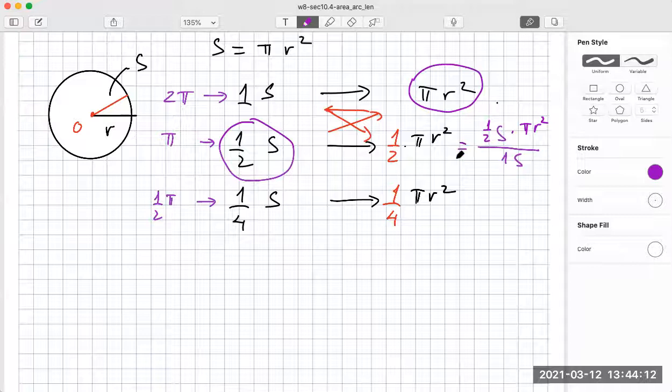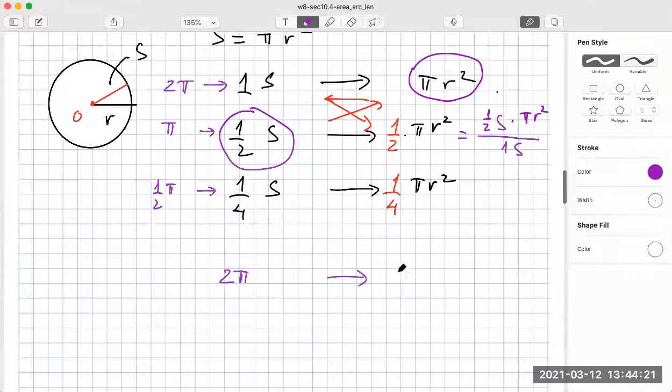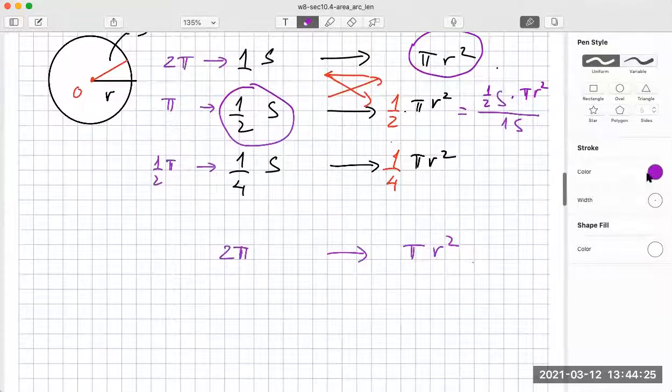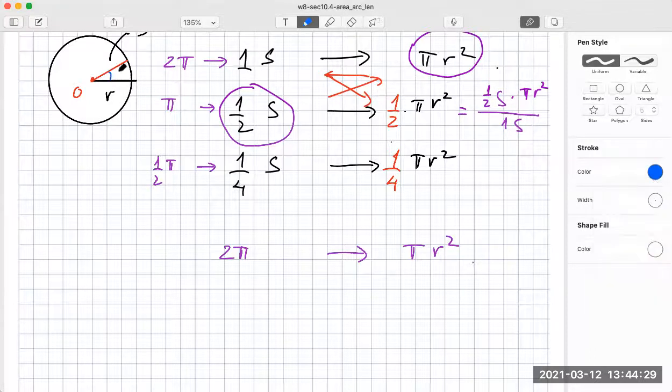Now, I think it's better to start with this. We know that if the center angle here is 2 pi, we have that the area is pi r squared. Then for a given angle, let us call it theta or alpha to avoid confusion. If we have the inner angle here is alpha, what is the area of the corresponding region here?